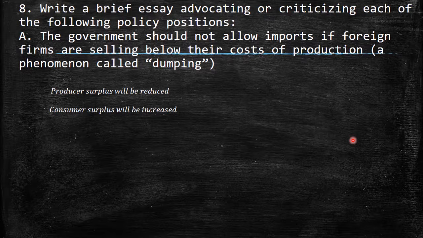But on the other side, the consumer surplus will be increased. Given the lower price in the world, consumers will benefit, will be better off. So in this case, the total welfare will be higher, because the loss on the producer side is lower than the benefit on the consumer side.